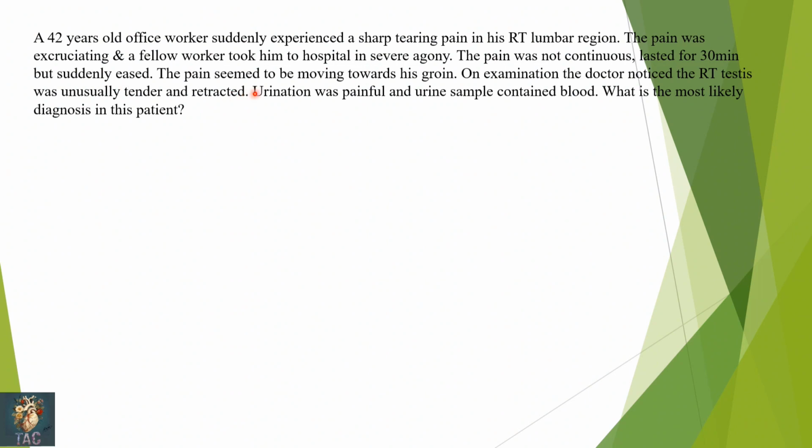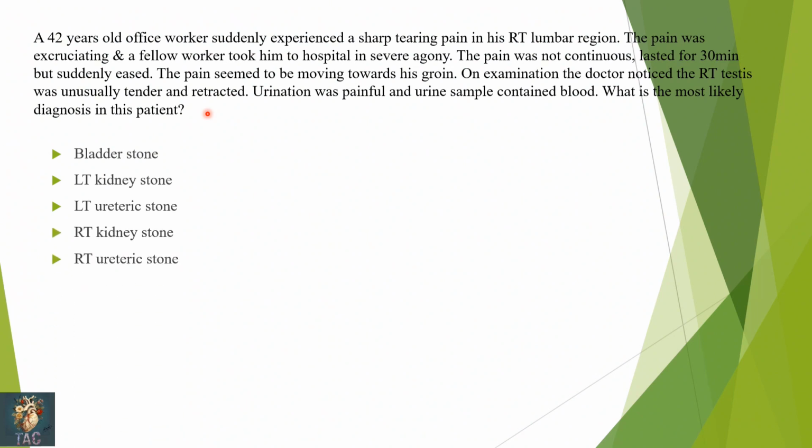Pain seemed to be moving towards his groin. On examination, the doctor noticed the right testis was unusually tender and retracted. Urination was painful. Urine sample contained blood. Which is the most likely diagnosis in this patient? That may be bladder stone, left kidney stone, left ureteric stone, right kidney stone, or right ureteric stone.